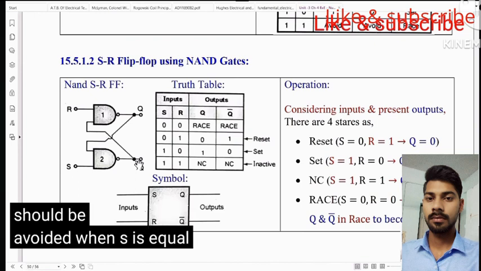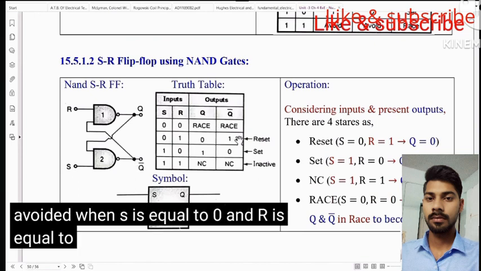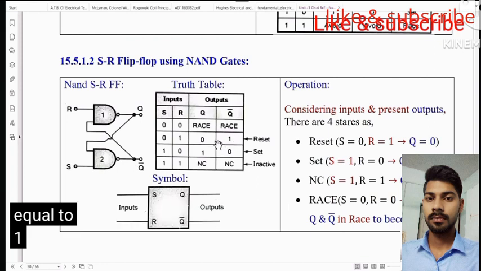When S is equal to 0 and R is equal to 1, here you will get the flip-flop.